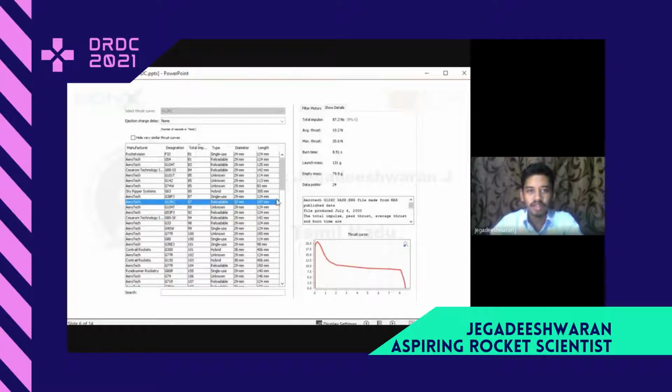So this motor was chosen for this design. Compared to other motors, 10 Newton is less, so the structural loading on the rocket will be very less. Therefore, we need not go for very high strength material, which would increase the body weight of the rocket.